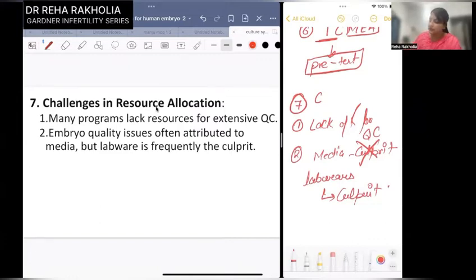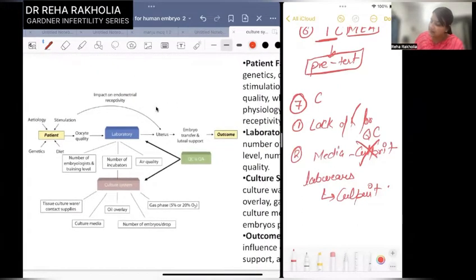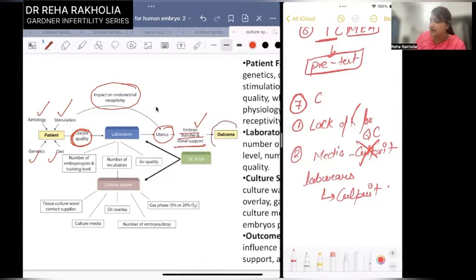Then, okay. See, it is explained nicely here. Patient's etiology, genetic, diet, stimulation. These decide the oocyte quality and impact the endometrial receptivity, embryo transfer and luteal support. These all are responsible for the outcome. And in the lab, what all are there?